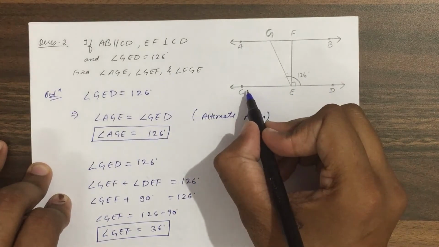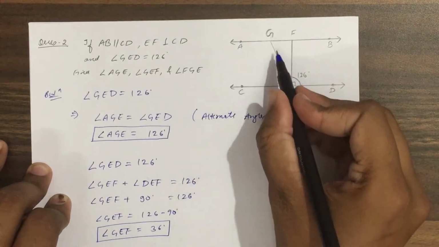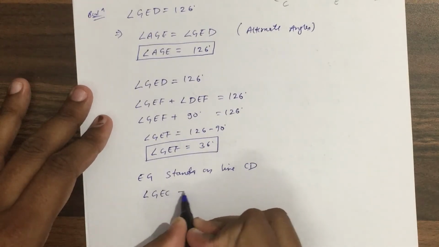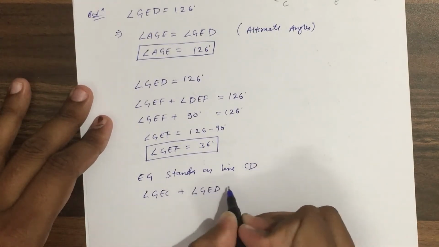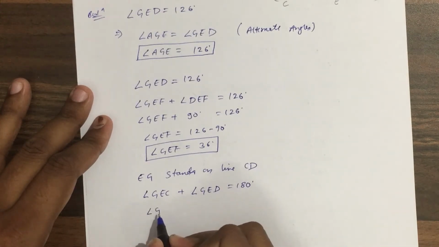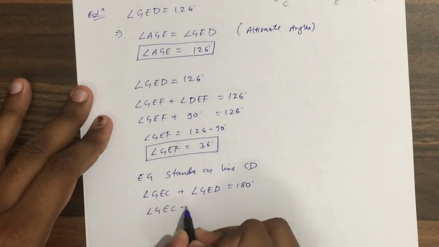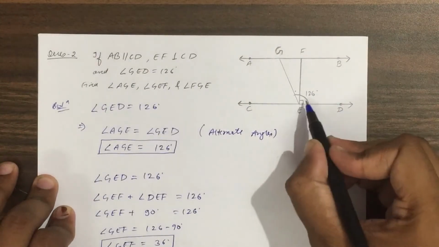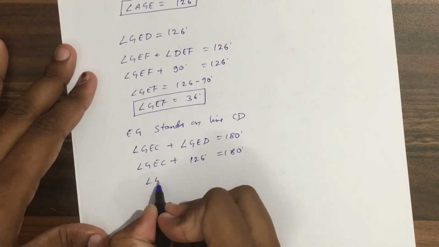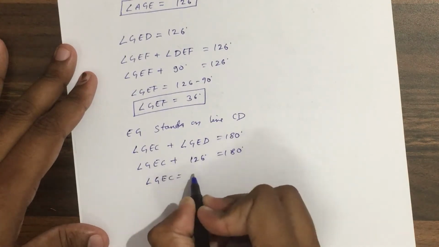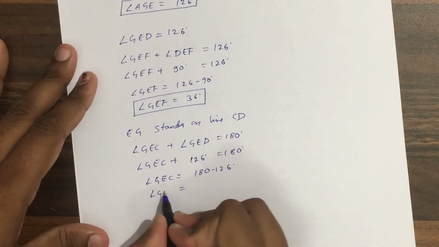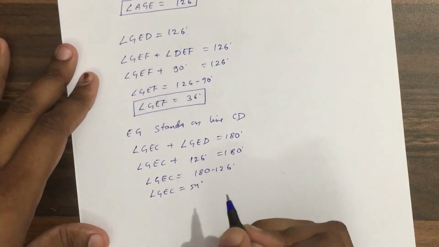So angle GEC plus angle GED will be equal to 180 degrees. Angle GEC you don't know, plus angle GED, which is given as 126 degrees, equals 180 degrees. So angle GEC equals 180 minus 126, which gives angle GEC equal to 54 degrees.